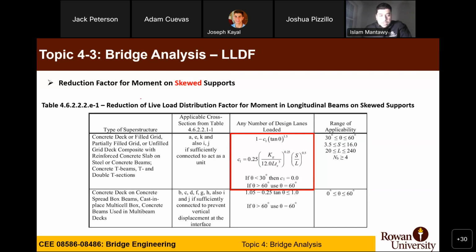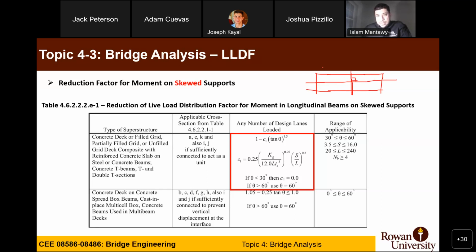So this one is a bit tricky. All the tables that I showed for moment, interior and exterior, are for bridges without skew. So the bridge you have in the plan view is having no skew, right? So the pier is perpendicular to the longitudinal direction, okay?